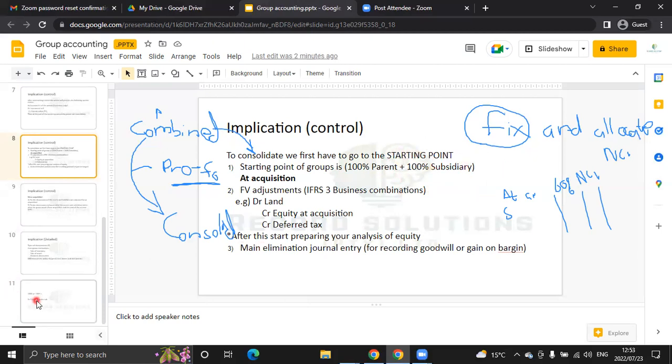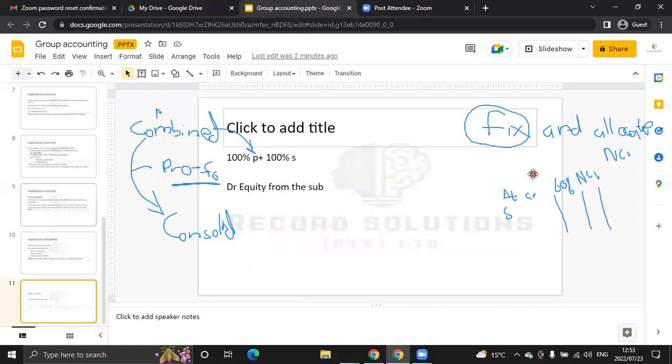That's why we debit these equity amounts. And that's why even on the analysis of equity, you'll see it will have firstly all of the equity of the subsidiary at acquisition, right? That's where it starts, because it starts at acquisition.